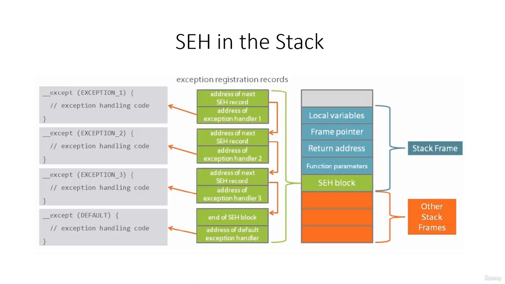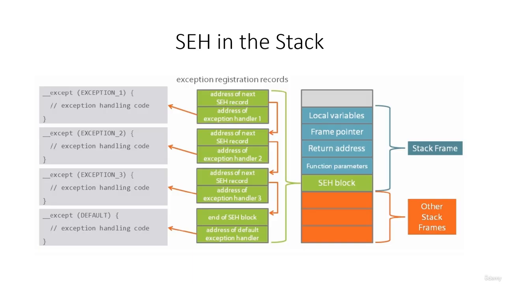Linking the records in this way makes it possible for the operating system to programmatically move through the record list when searching for the proper exception handler. A second memory address points to the code in an exception handler that is used to handle the specific exceptional condition.